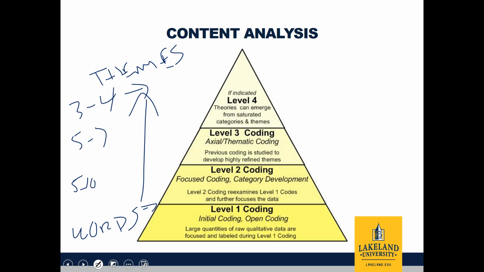Your job as a researcher is to sift through that bag of candy and start organizing it into different like types of candy. You might have all your M&Ms in one pile. You might then put all your peanut M&Ms in another pile, all of your Skittles in another pile, and all your Reese's Pieces in a different pile.